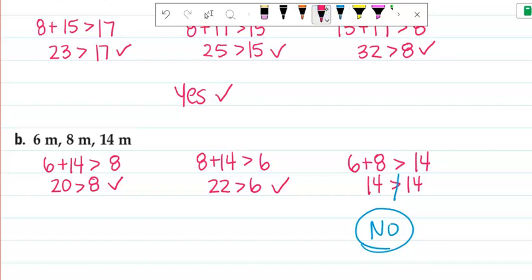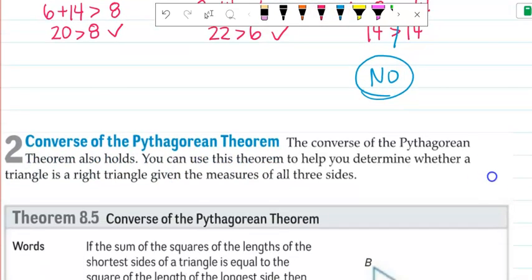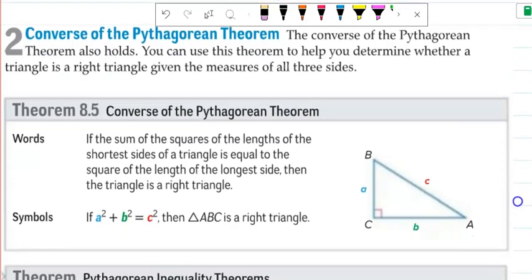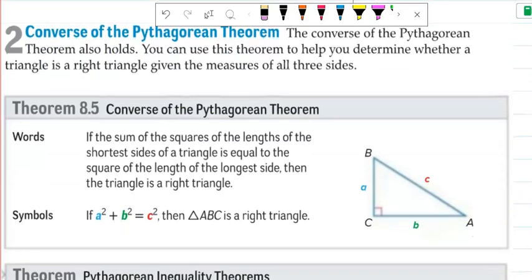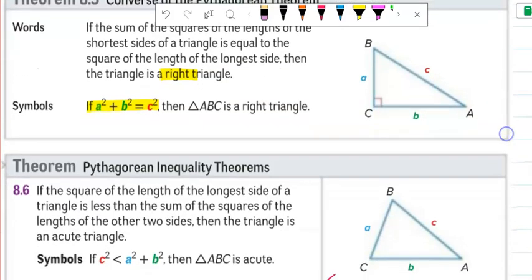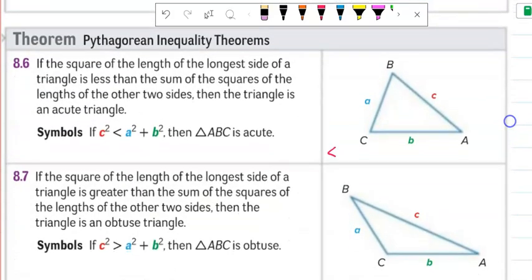Okay? So if we can have a triangle of those 3 sides, we have options of, can this be a right triangle, right? If it's a right triangle, then it's going to follow the Pythagorean theorem, because the Pythagorean theorem only works for right triangles. If a squared plus b squared actually equals c squared, it is a right triangle. But that's not always the case. So if we have sides that are a triangle, then we have to check.